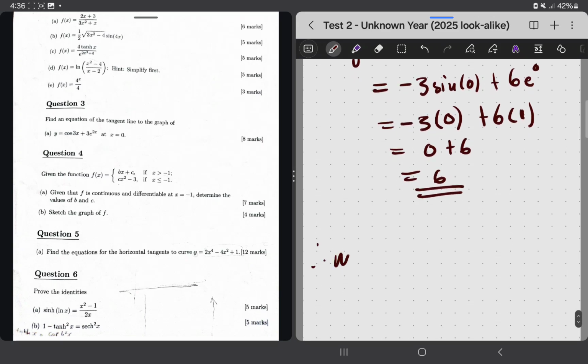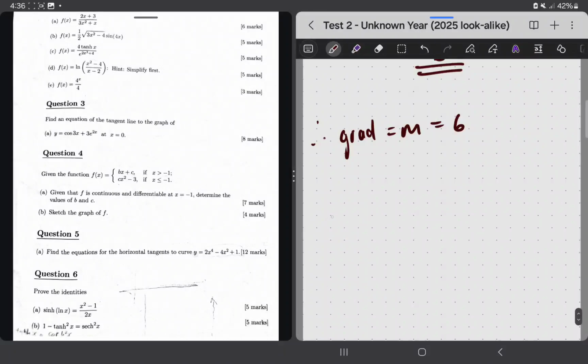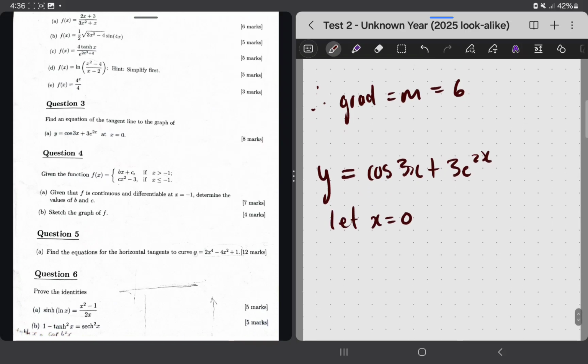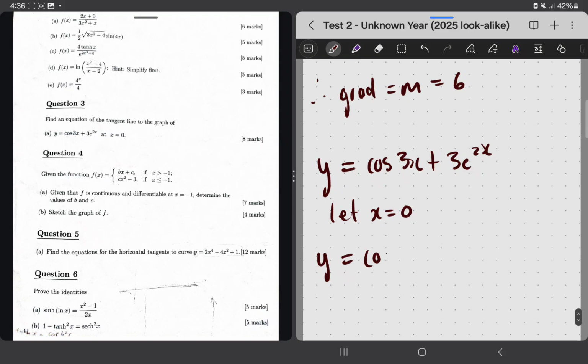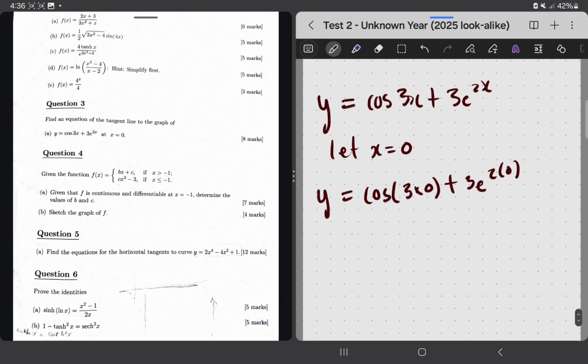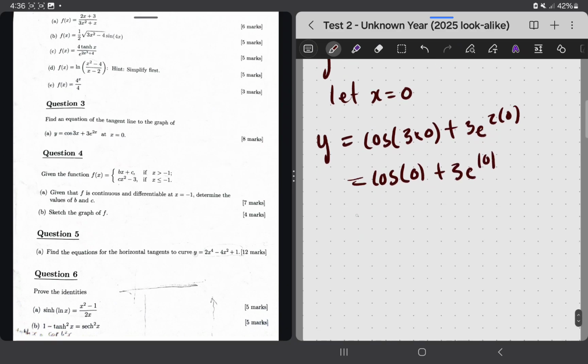So you can say, therefore, the gradient m is equal to 6. Then now we put back our y is equal to cos 3x plus 3e to the 2x. Then we say let x be equal to 0. Now we want to find the point. Y will be equal to cos of 3 by 0 plus 3e to the 2 by 0, which is cos of 0 plus 3e to the 0.